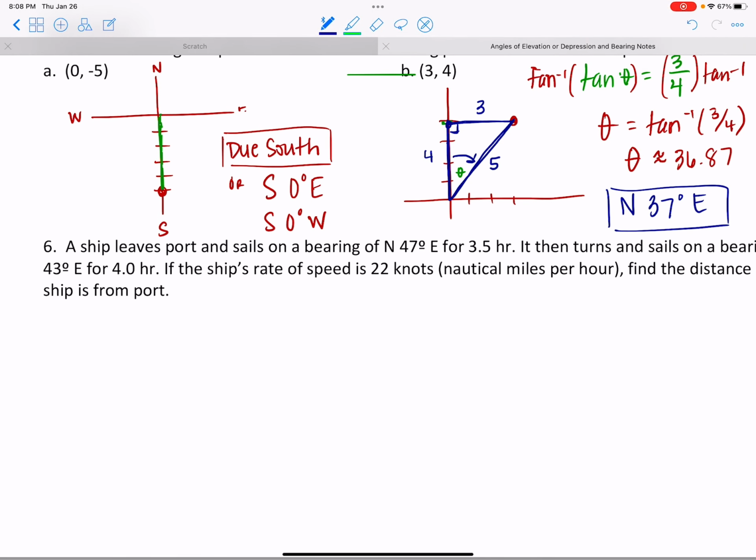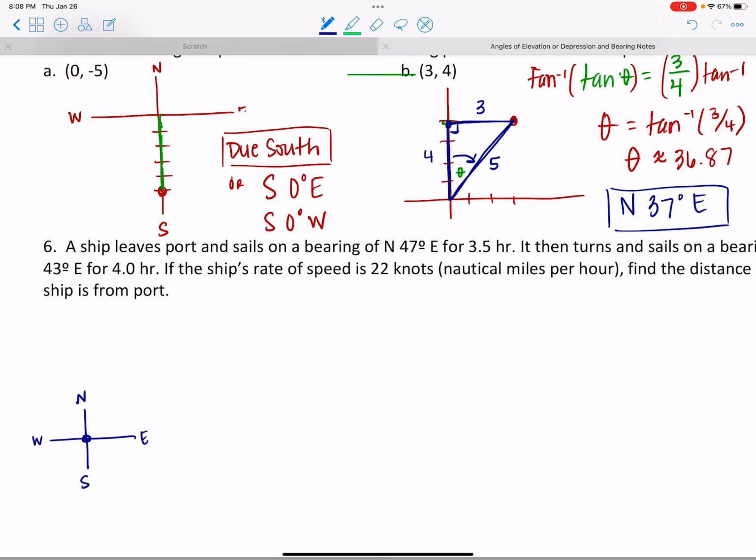Okay, so let's try to draw this out. Okay, let's start with maybe not so big. Let's start with here's the port, on my northeast southwest line.